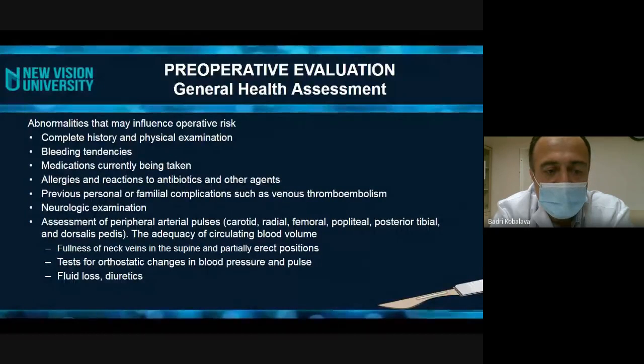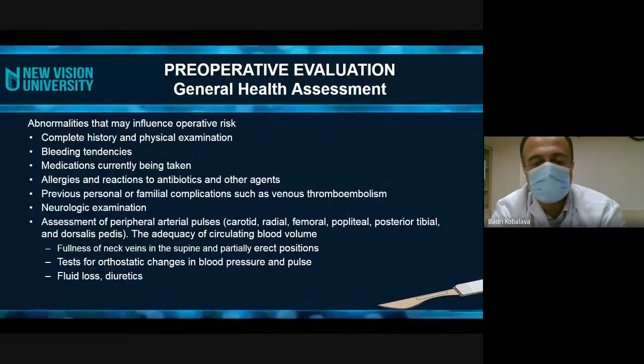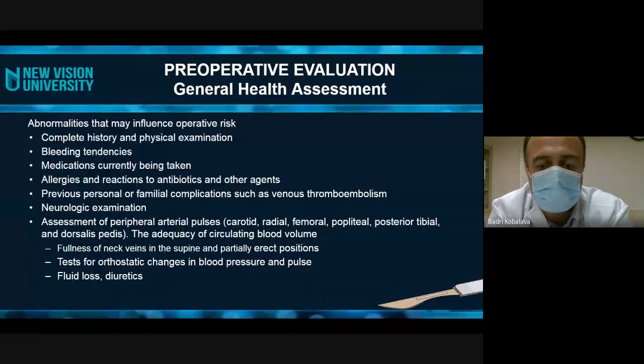It is fullness of neck veins in supine and erect positions. Distension of veins means that the patient has too much fluid circulating in the bloodstream, especially if they are distended even in erect position.